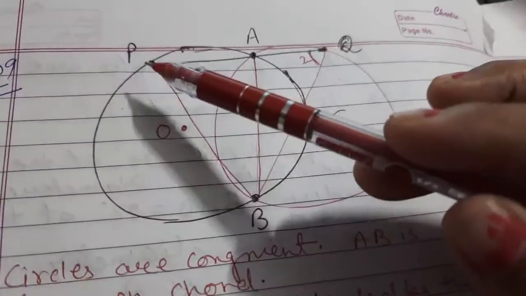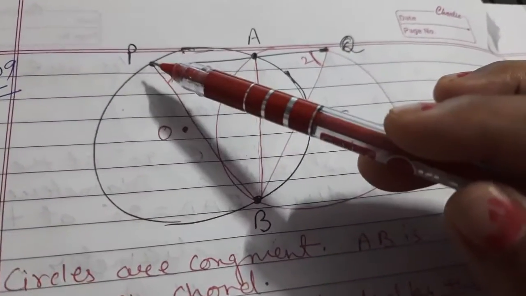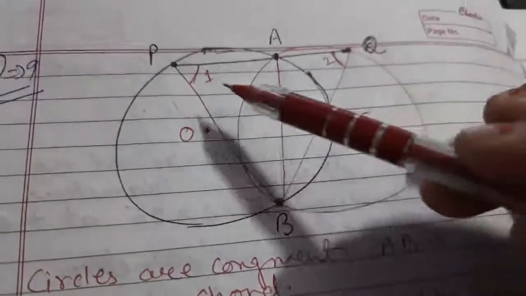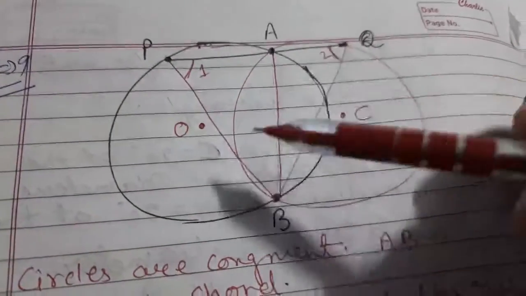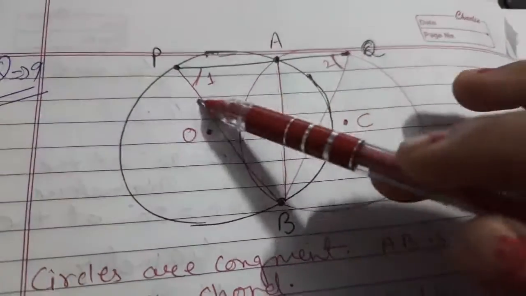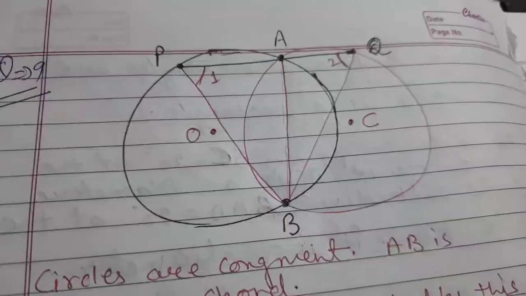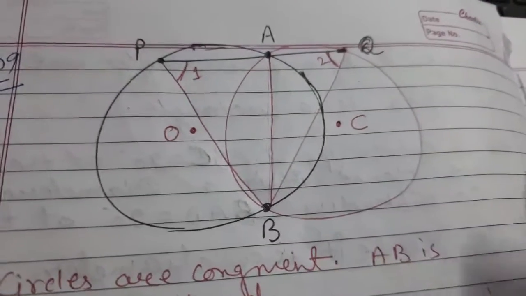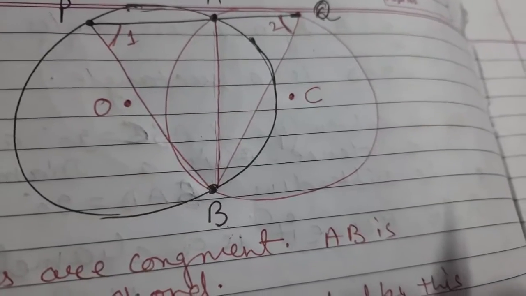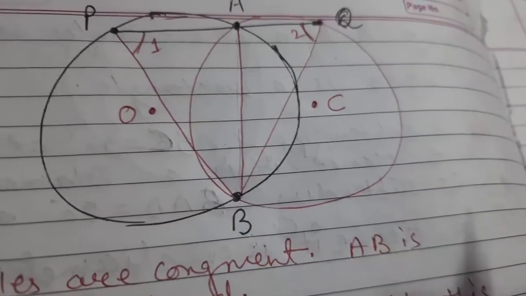Now we will take triangle PBQ. In triangle PBQ, angle 1 and angle 2 are equal, we just proved. So the side opposite to angle 2 is AB, and the side opposite to angle 1 is PQ. Hence we can apply the property of a triangle: sides opposite to equal angles are equal.